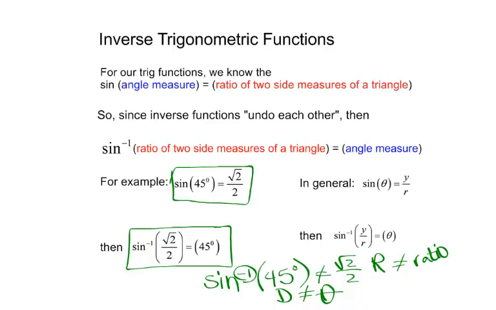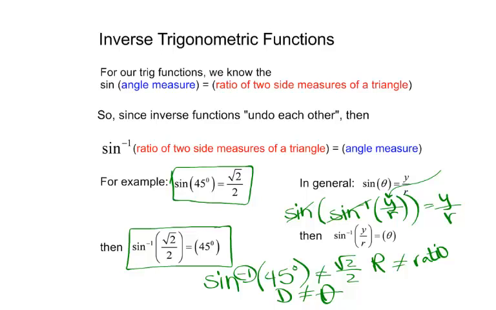So be very careful. This is saying that if I feed the sine function its inverse, those two operations undo each other. And no matter what I have in here, it maps me back to where I started.